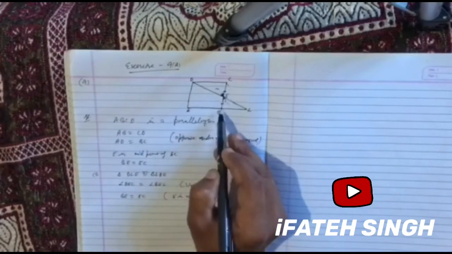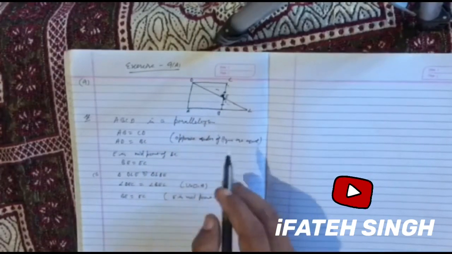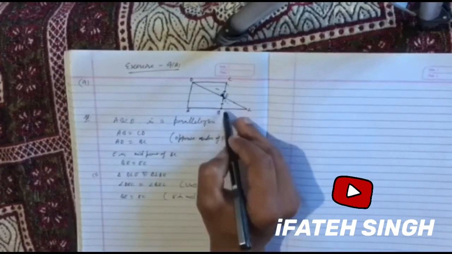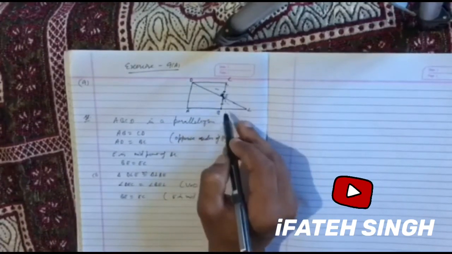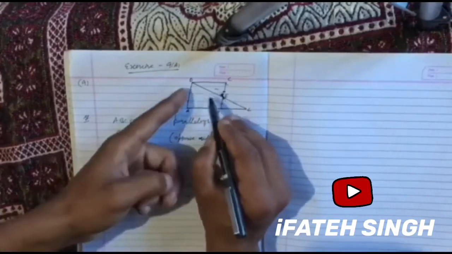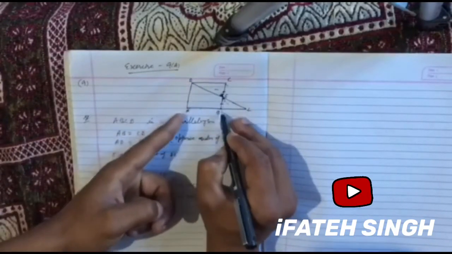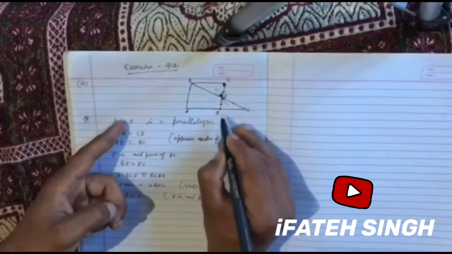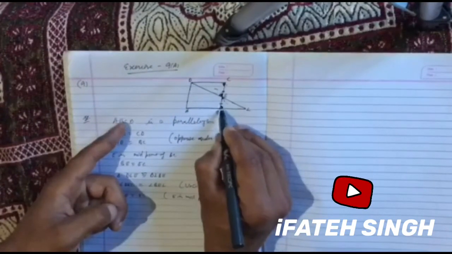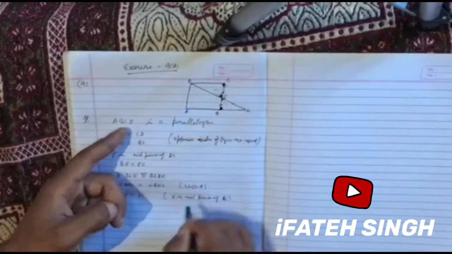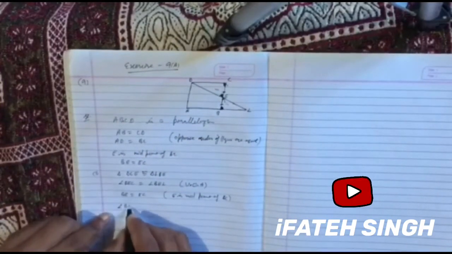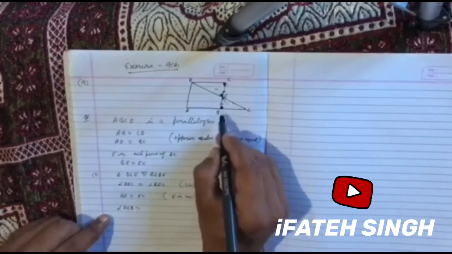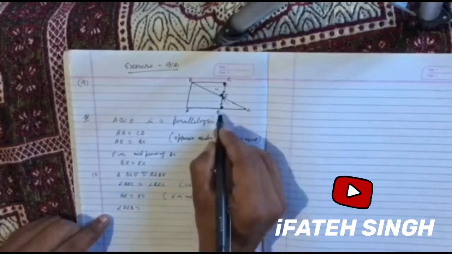And third thing is that these two angles are alternate angles, because this is a parallelogram, these two lines are parallel, and this is the intersecting line. Angle DCB is equal to angle LBE, or LBC.